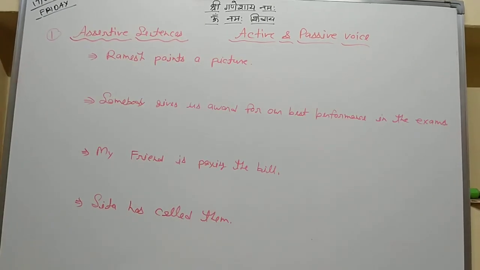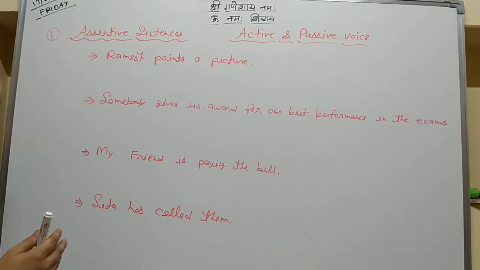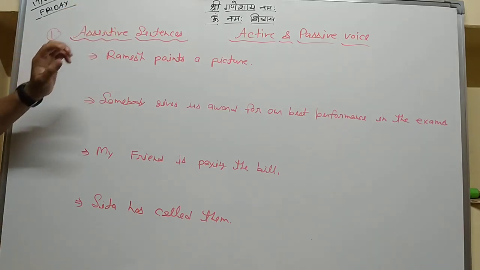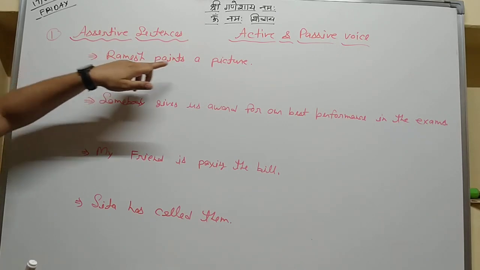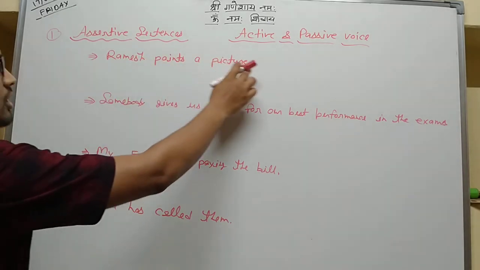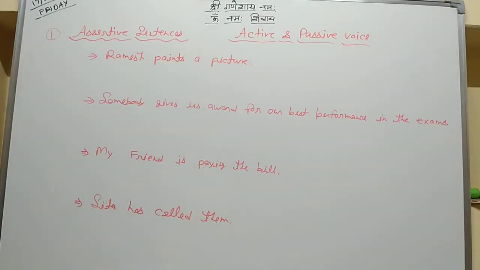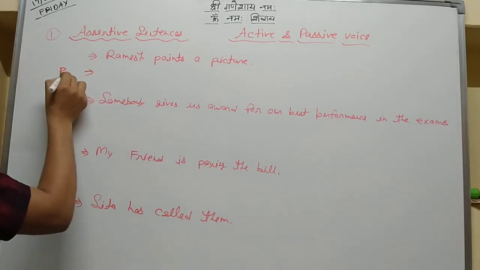We start with assertive sentences. Assertive means affirmative or negative. We can see many examples of assertive sentences. Ramesh paints a picture. This is simple present, right? What is the passive of this?